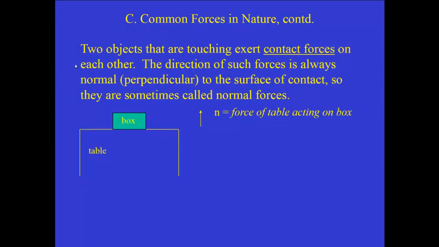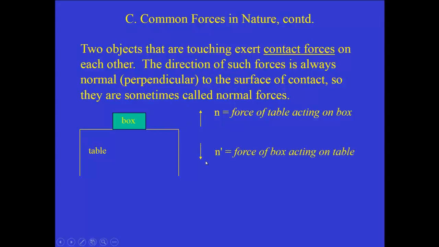And so if I wanted to write down the force of the table pushing up on the box, I would draw an arrow upwards. And because this force is perpendicular to the surface of contact, it's sometimes called a normal force, because normal is a synonym for perpendicular.